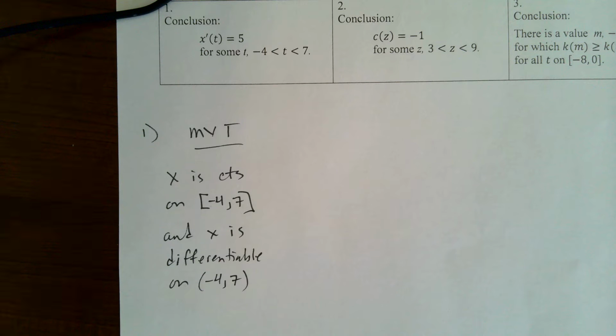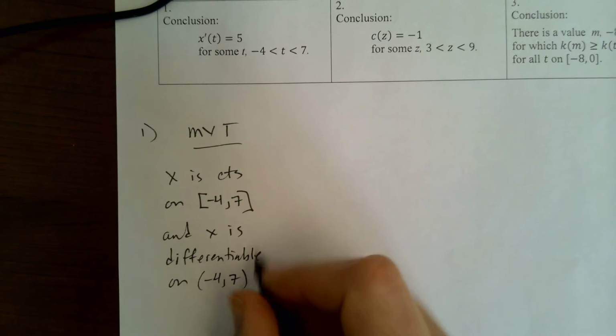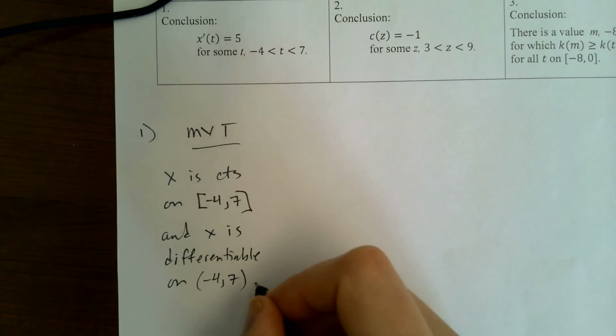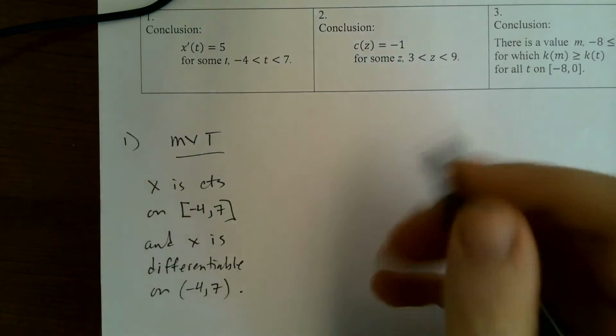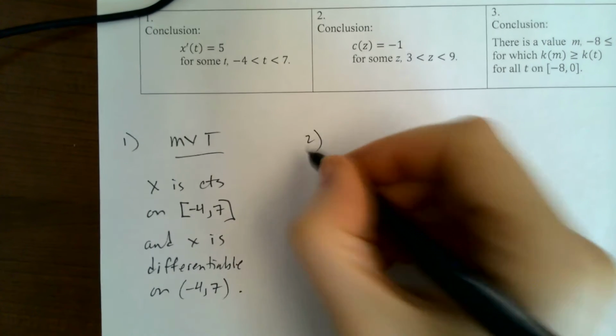So there can be sharp corners at the endpoints, but there can't be sharp corners anywhere else. It's got to be smooth and continuous. That's what differentiable means, smooth and continuous.